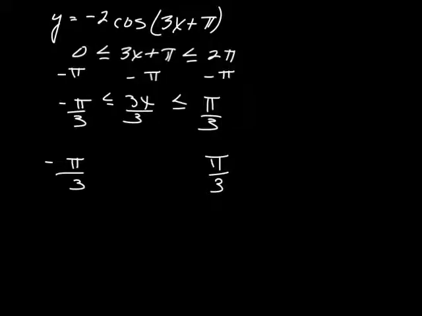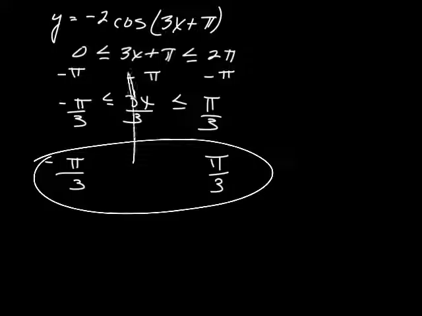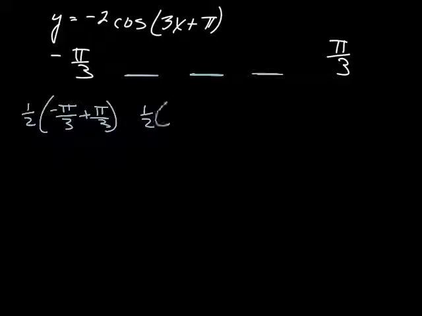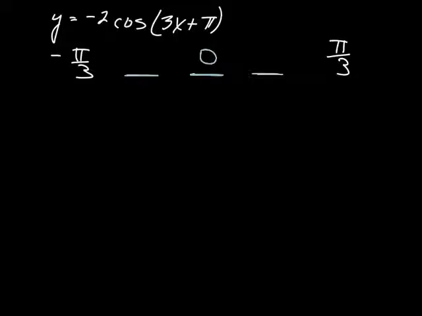So let's get rid of the work and move this up so we've got some room to work. Okay, so now we're looking for the halfway point, the quarter, and the 3/4. So 1/2 times negative pi over 3 plus pi over 3 would be 1/2 of 0, which is 0. So my middle here is going to be 0. Now I'm looking for the middle of that.